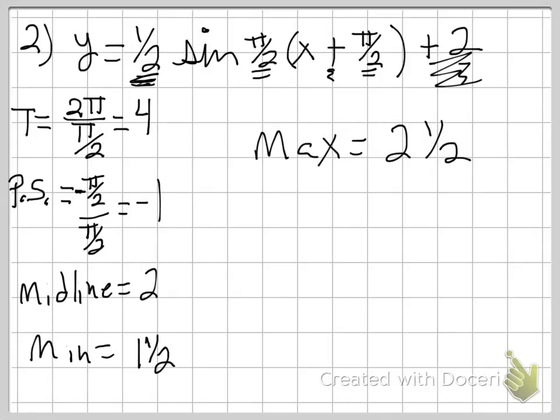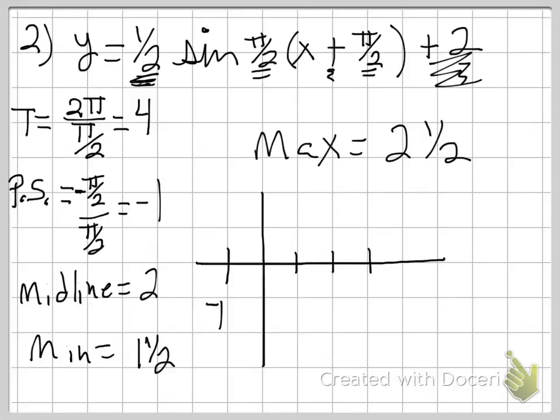Now, to go ahead and sketch the graph of this one, this one's going to be a little on the compressed side, I think. The period is 4. But we're shifted back negative 1, and we count over 1, 2, 3, 4.